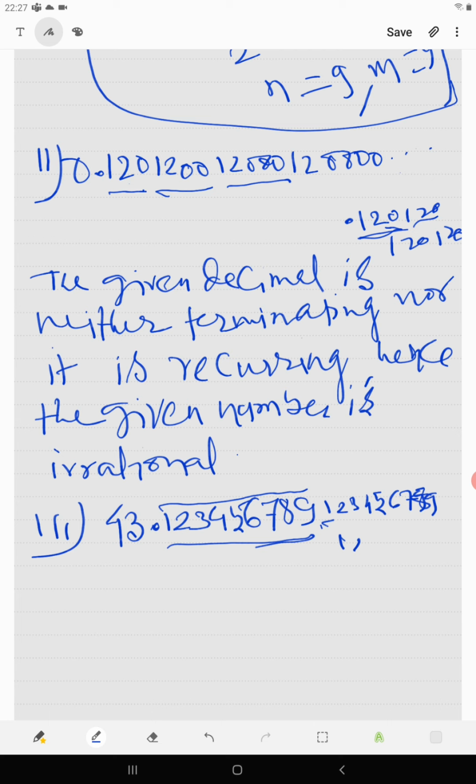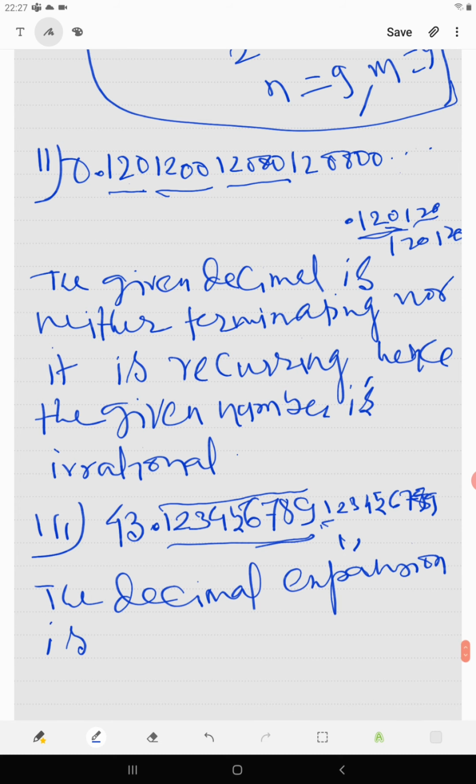So it is non-terminating, and it is reoccurring. So the decimal expansion is non-terminating recurring.